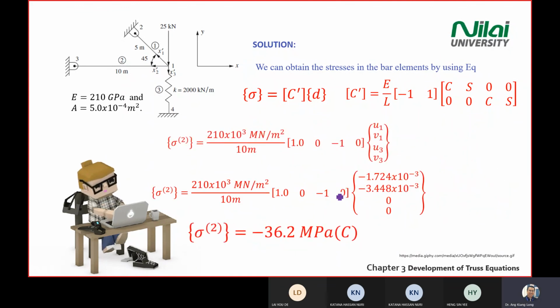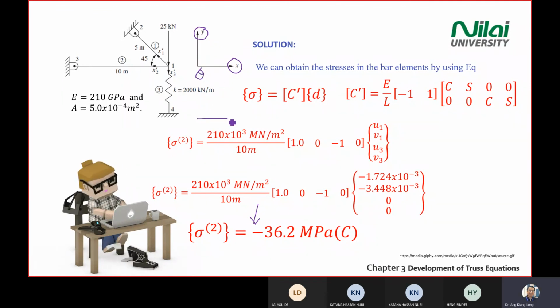Do it for element 2, repeat the same process again. You substitute the E, L, and all the cos and sine values. And you solve the matrix again, you get negative. Negative means compression. So be careful on the axis again. Where is positive? Be careful on the angle.